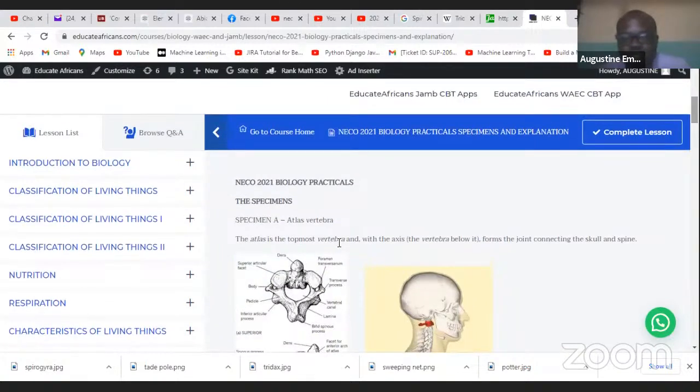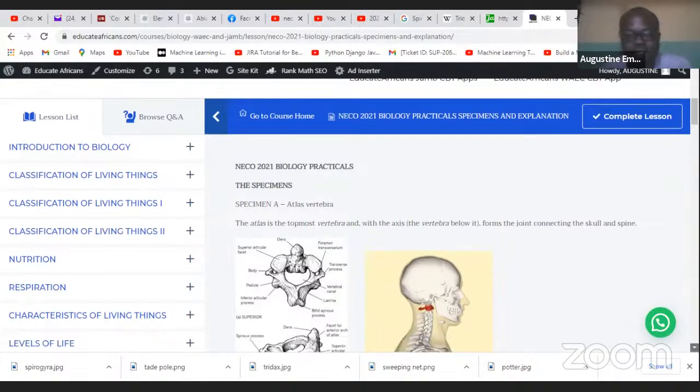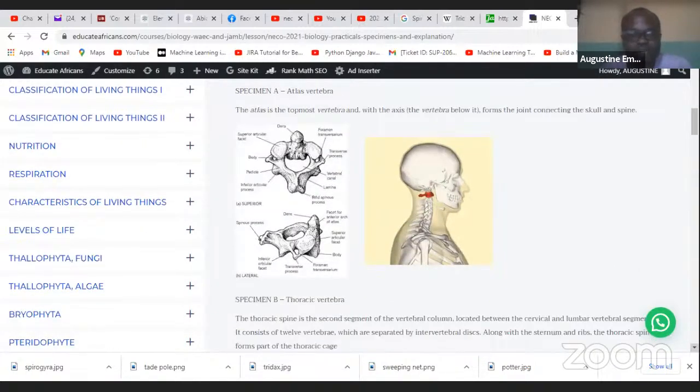The atlas is the topmost vertebra, with the axis just below it. It forms the joint connecting the skull and the spine. So it is the atlas vertebra that connects the skull and the spine. You can see it here indicated in red.